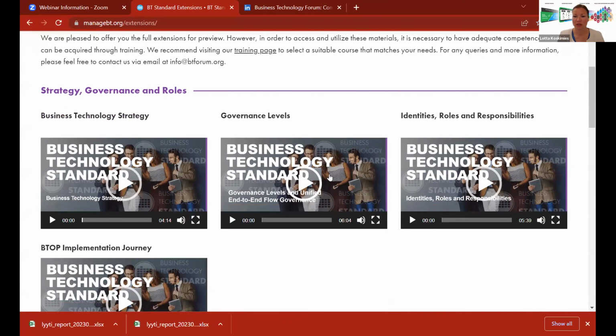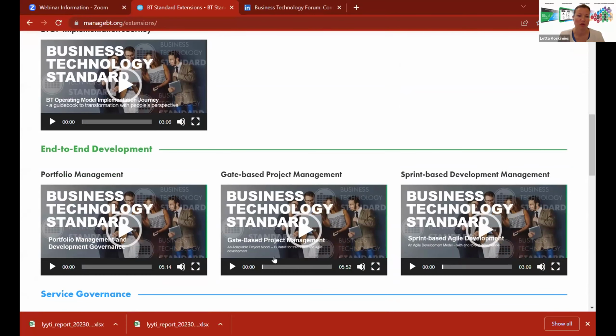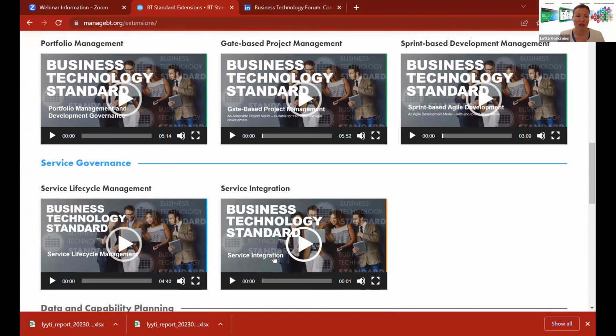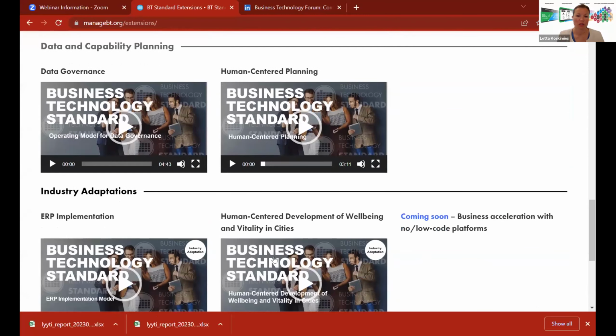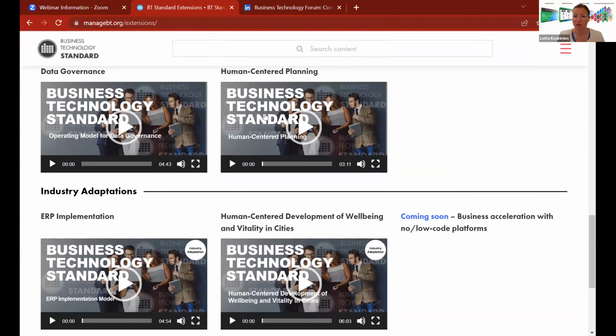You see all the content there as a video, and you can pause it so that when you spot something relevant and interesting for you, you can stay with the information and read it through. And then on the bottom here, you can also find the industry adaptations and the ERP implementation that we were looking into today. So this is where we can find all that information available.